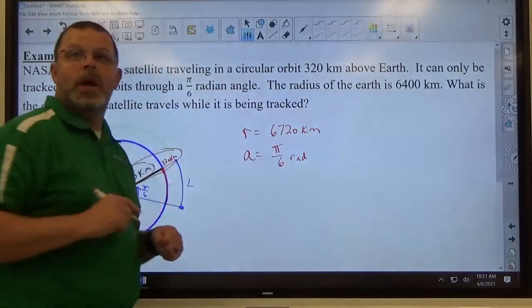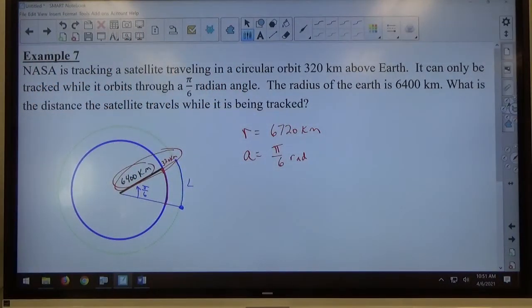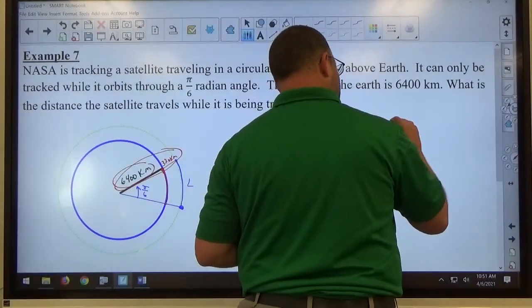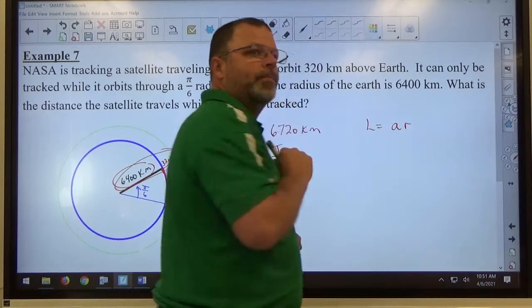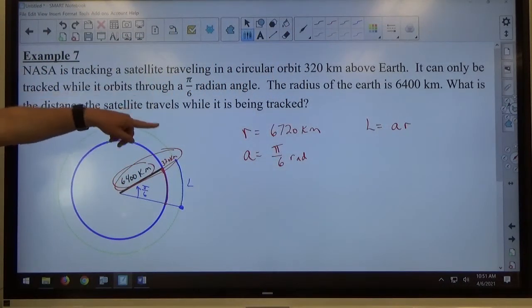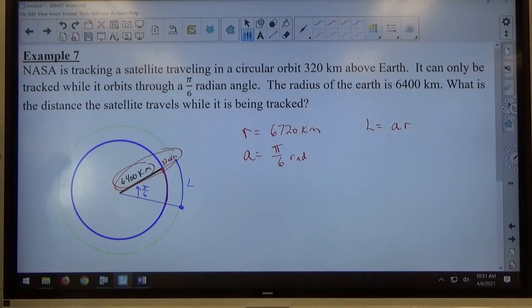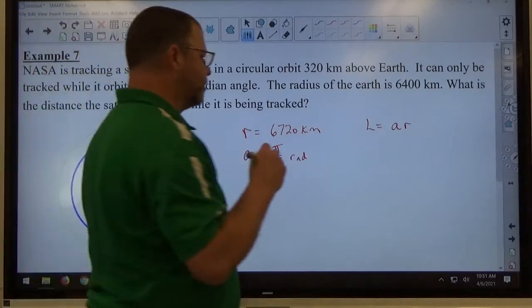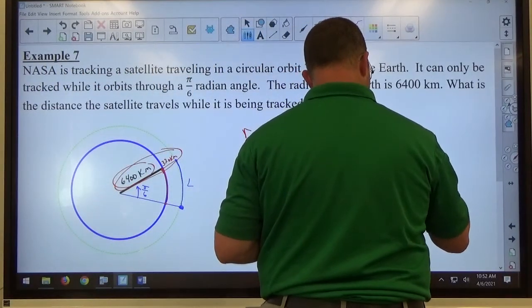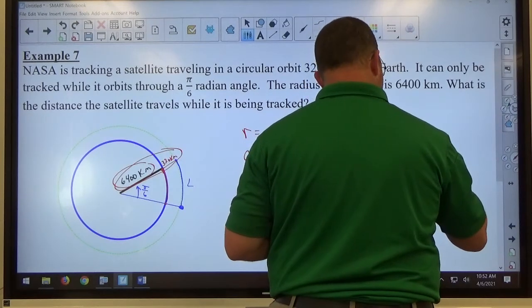Remember, with arc length, you have to choose which formula to use. There's two formulas. One is if you have the angle in degrees, one if the angle's in radians. When the angle's in radians, the formula is arc length equals angle times radius. So we simply have to multiply those two numbers together to get our distance covered by the satellite while it's being tracked. So the arc length, the distance traveled, is going to be pi/6 times 6,720.